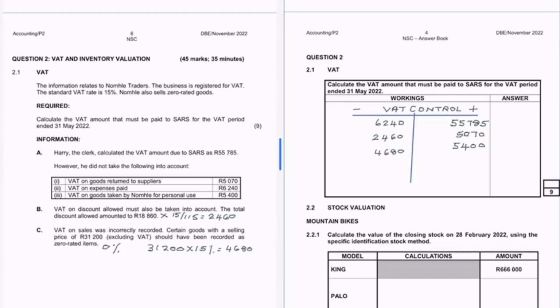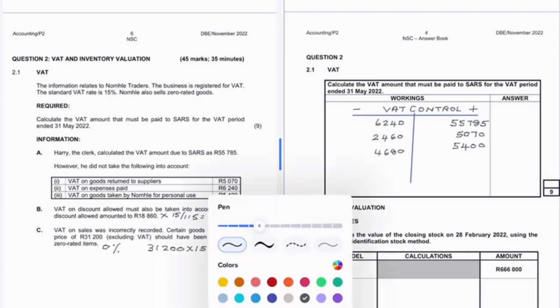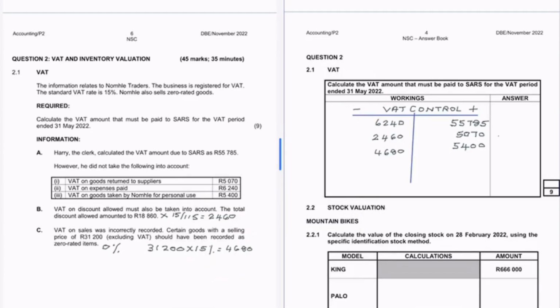And we're done. All we have to do now to conclude this is to add up the outputs. We're going to subtract the inputs, and we're going to arrive at a figure of 52,875, and that is the amount that is due to SARS. And that takes us to the end of this question 2.1 on VAT.